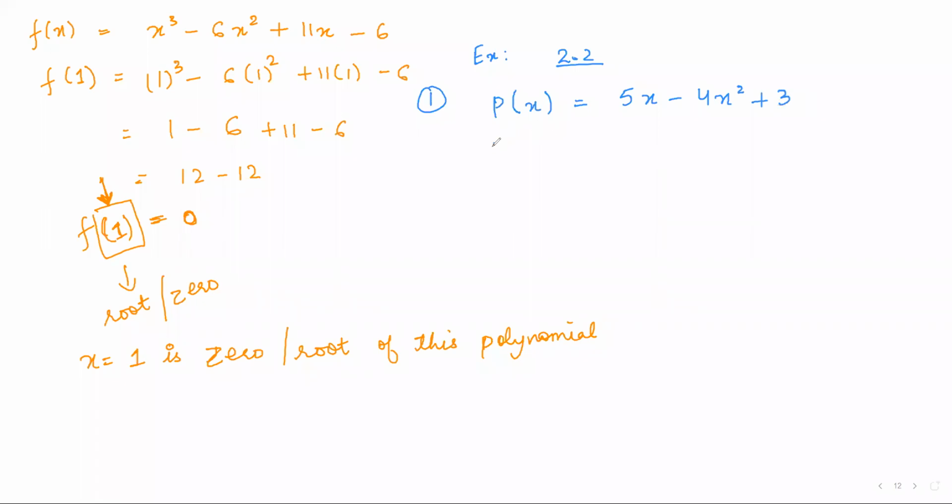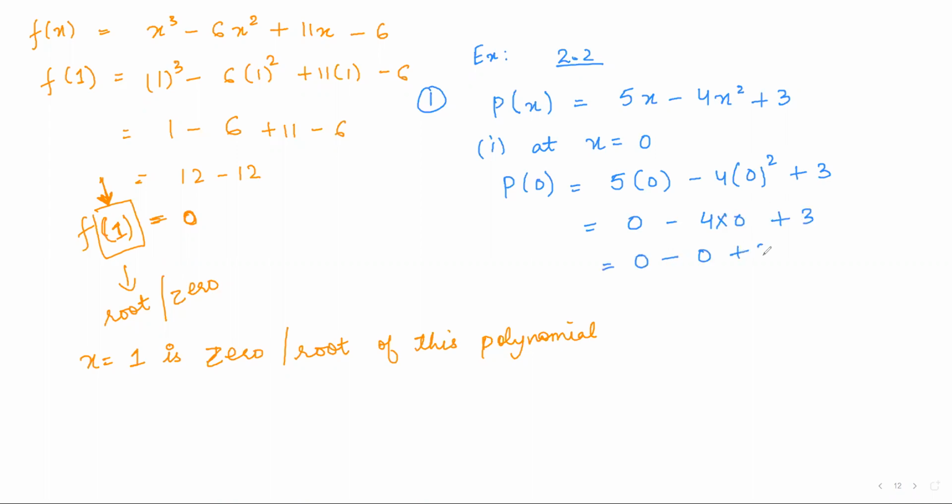So you have to find first at x is equal to 0. So let us do it. So p(0) is equal to 5 into 0 minus 4 into 0 square plus 3. So that becomes 5 into 0 is 0, minus again 4 into 0 will become 0. So 0 minus 0 plus 3. So only 3. So at x is equal to 0, the value of the polynomial is 3.